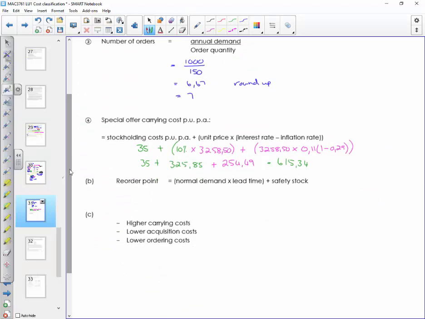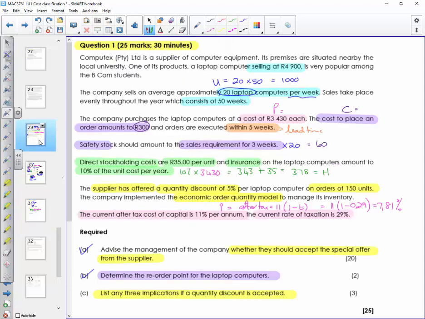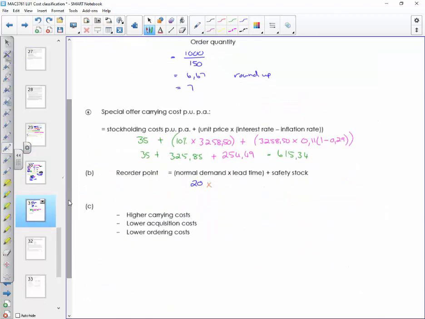We are using 20 units a week, and the lead time, the delivery, is usually within 5 weeks, so that means I need 5 weeks of stock minimum. Plus, once I've got that, I need my 60 units of safety stock. So 100 plus 60 gives you 160 units.